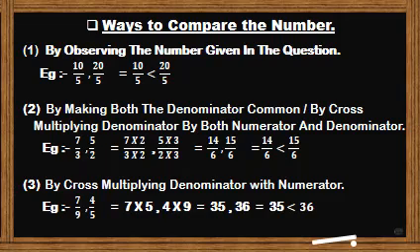No. So we can't convert 9 into 5, so we have to cross multiply. Means 7 5s are and 4 9s are. 7 5s are 35, 4 9s are 36. Here we got the numbers 35 and 36. Here we can say that 36 is greater than 35.